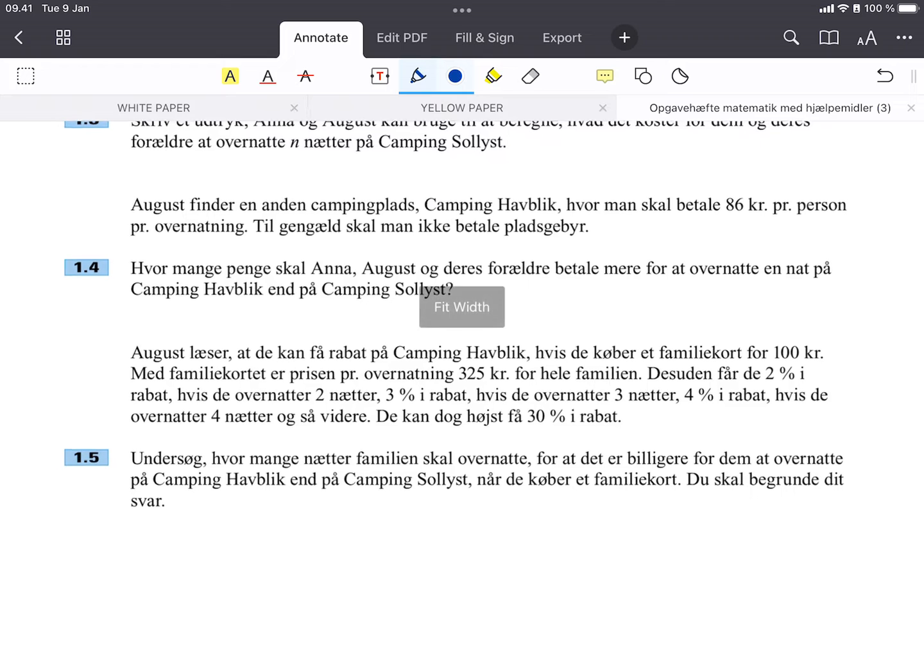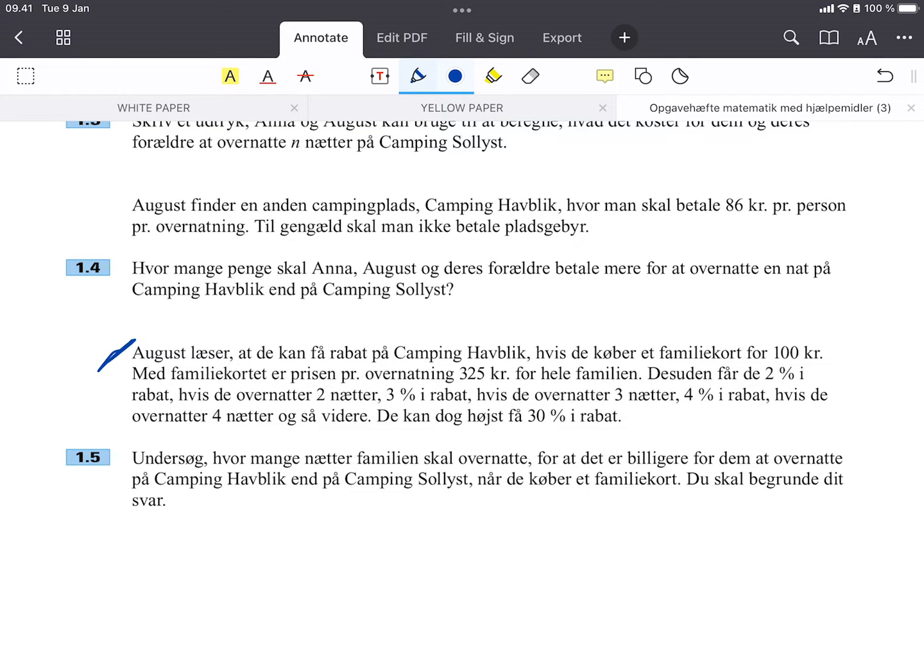It says, August reads that they can get a discount at Camping Halblick if they buy a family card for 100 kroner. With a family card, the price per overnight stay is 325 kroner for the whole family. However, they get 2% in discount if they stay overnight for 2 nights, 3% in discount if they stay overnight for 3 nights, 4% discount for 4 nights, and so on.